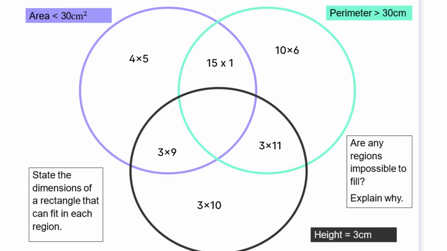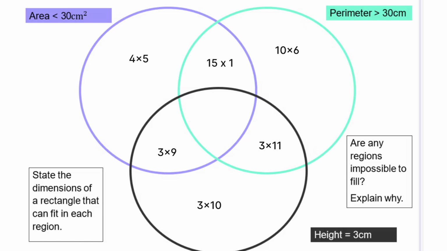And on this slide, we have some potential rectangles that fit in certain regions. We can't fit anything into the central region, because it's not possible to have an area of less than 30 with a perimeter of more than 30 and a height of 3.